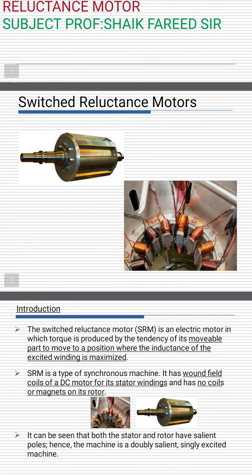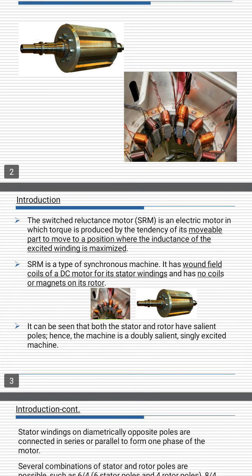Now, introduction of switched reluctance motor. The switched reluctance motor, known in short form as SRM, is an electrical motor in which torque is produced by the tendency of its movable part to move to a position where the inductance of the excited winding is maximized.